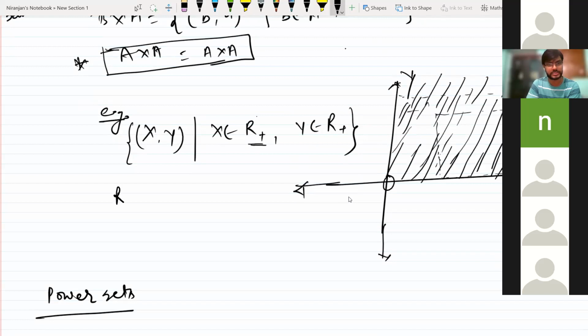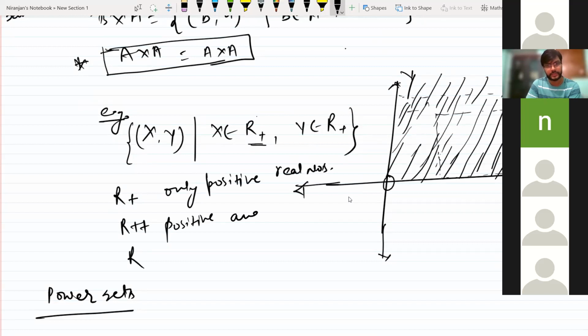Do you guys know this symbol? R plus, R plus plus, and R? No. R plus is only positive real numbers. This one is positive and 0 real numbers. And this is all real numbers.